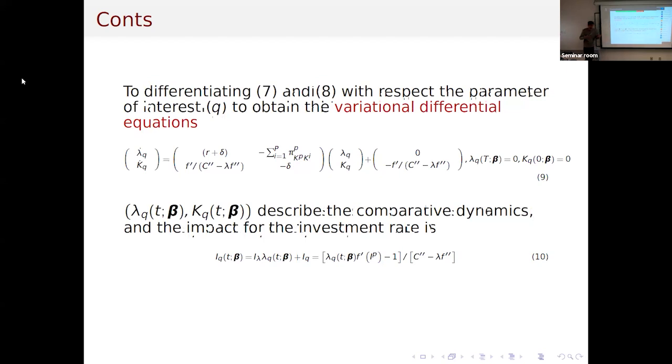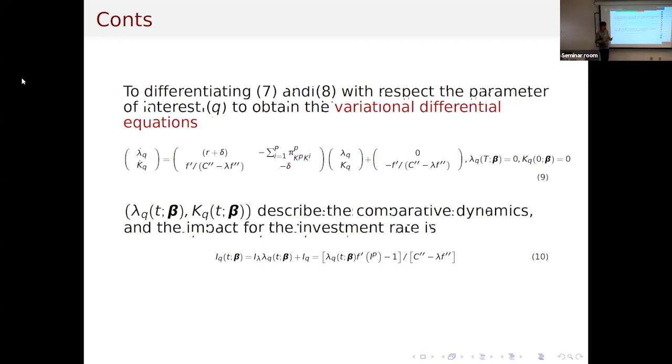So this is the general idea of how we get this. The rest is how we pin down these equations. The thing is that we actually don't care about the solution of lambda q and kq. We only care about the sign of the terms.